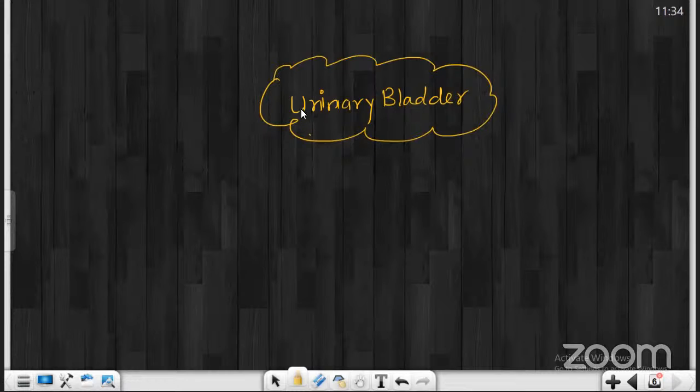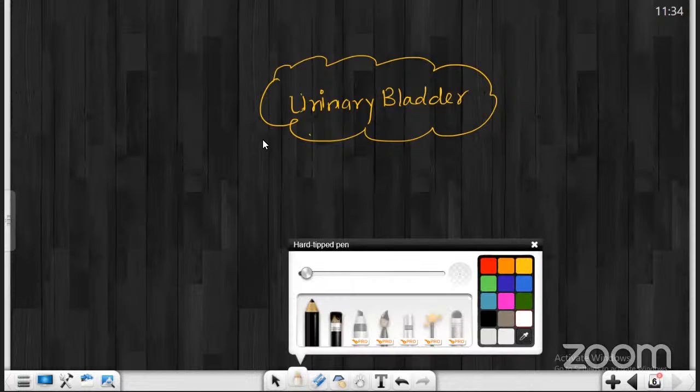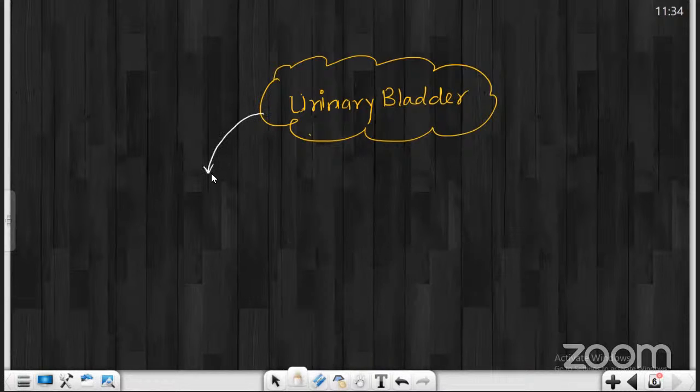Yes, we say store, right? It stores urine, then it releases. When it contracts, it causes release. The major function of the urinary bladder is to store the urine which is coming from the kidney. So under the influence of the sympathetic nervous system, what does it cause here? It causes basically relaxation of muscles and sphincter constricted.